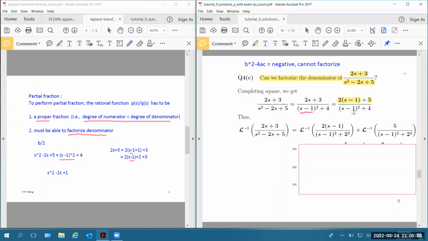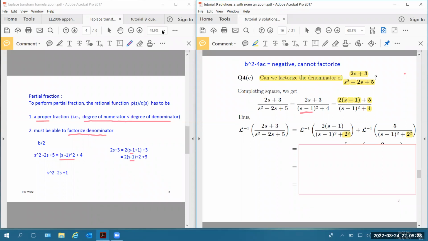You also realize that my denominator initially was a 4, but now I put 2 squared. Why? Because if you read the Laplace table, you know that the form here should be a constant squared.